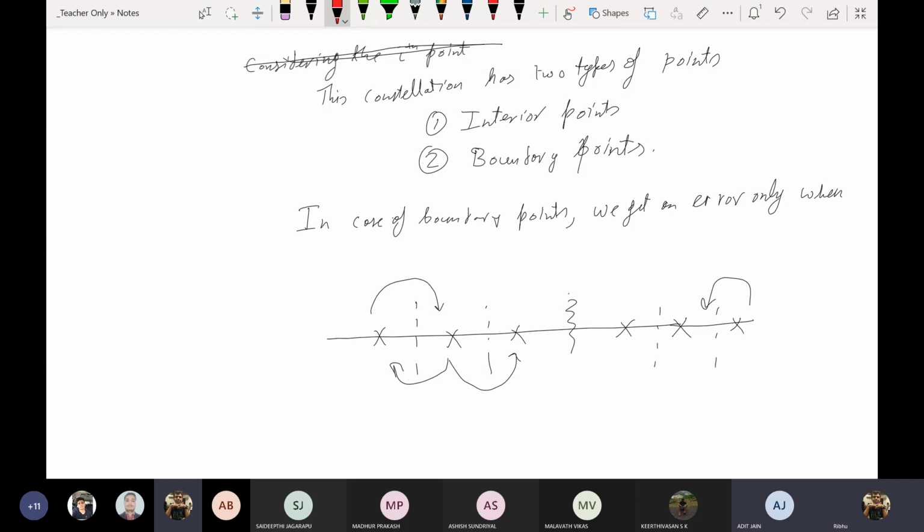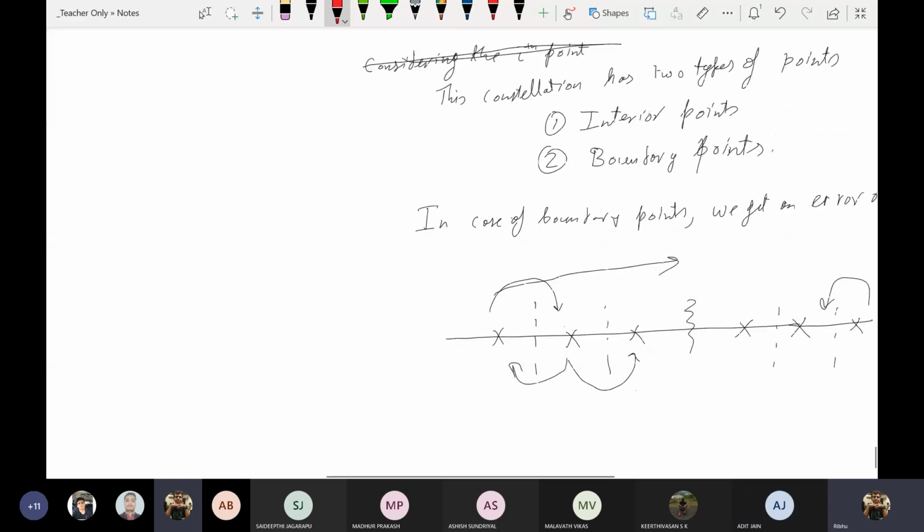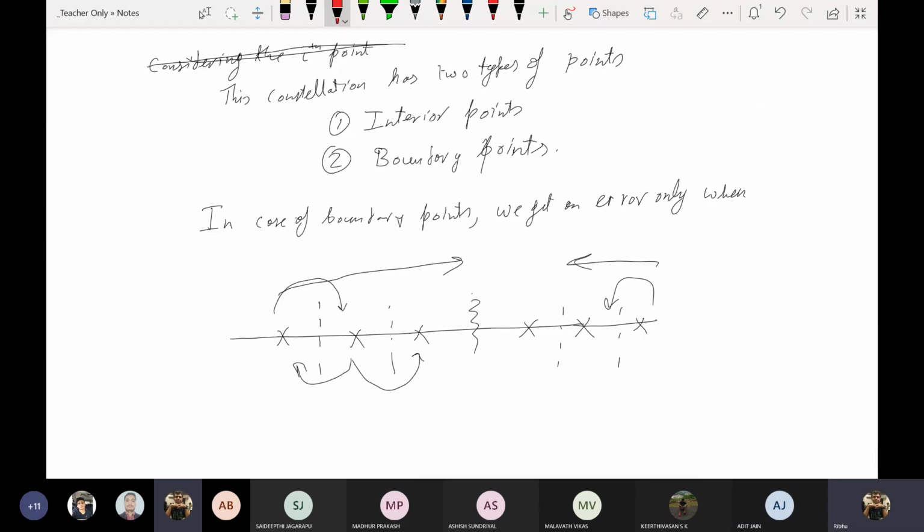Sir, why are we considering that the symbol can only be interpreted as the adjacent neighbors? Okay, so I'll generalize this. Adjacent neighbors are the most likely ones. But in general, you can say that when this goes here, you have an error. This goes here, you have an error.